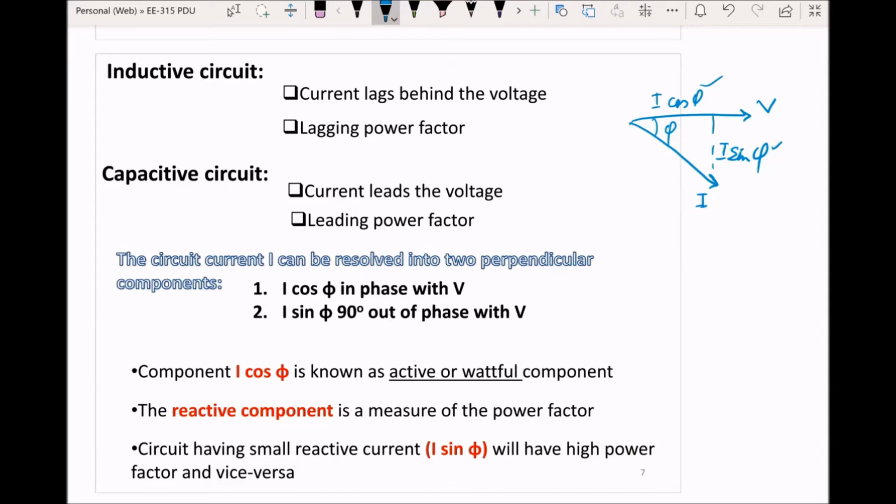Okay, if I cos phi is in phase with the voltage, then I sin phi is 90 degrees to the I cos phi.